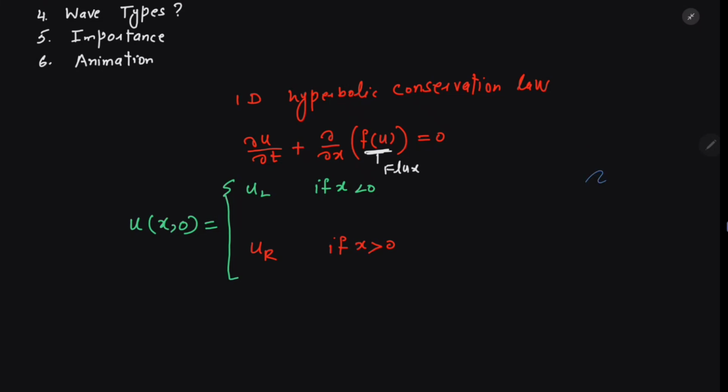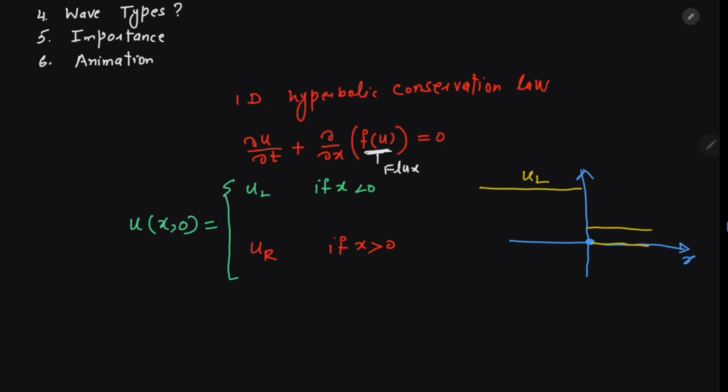How do you visualize that? For example, you have the x-axis, and on the y-axis we have the solution. At t equal to 0, x equal to 0, on the left we have u left, something like this, and on the right it can happen that u right can be 0 or it can be like this.